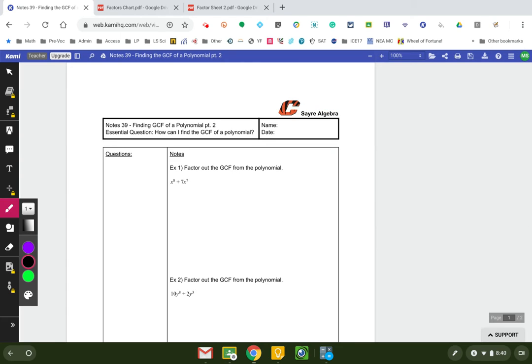So before our school year was so rudely interrupted, we were working on the greatest common factor, which is this GCF thing you see right here. I don't know if you remember, but we talked about exponents and variables and how they work with being greatest common factors.